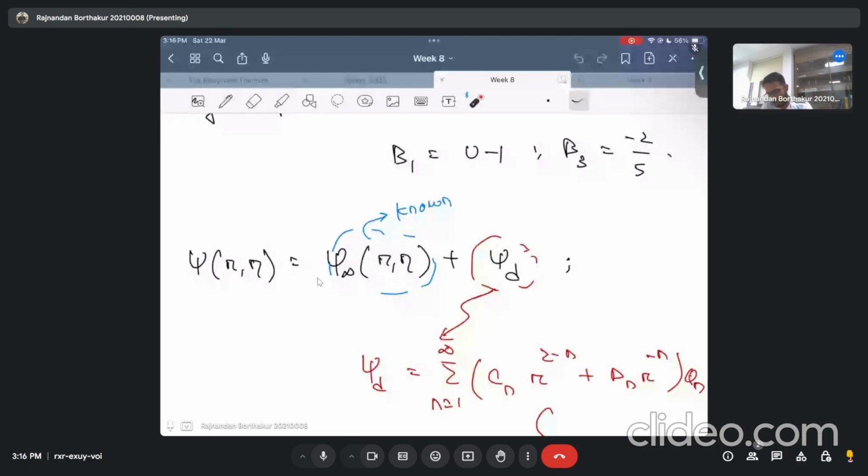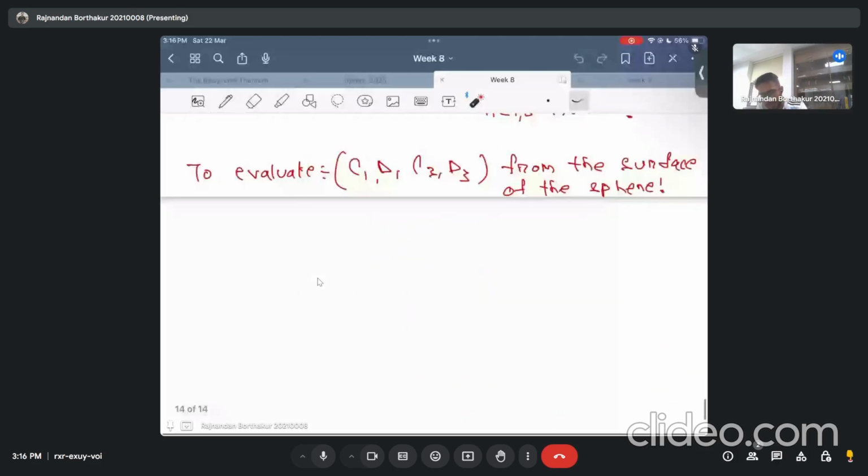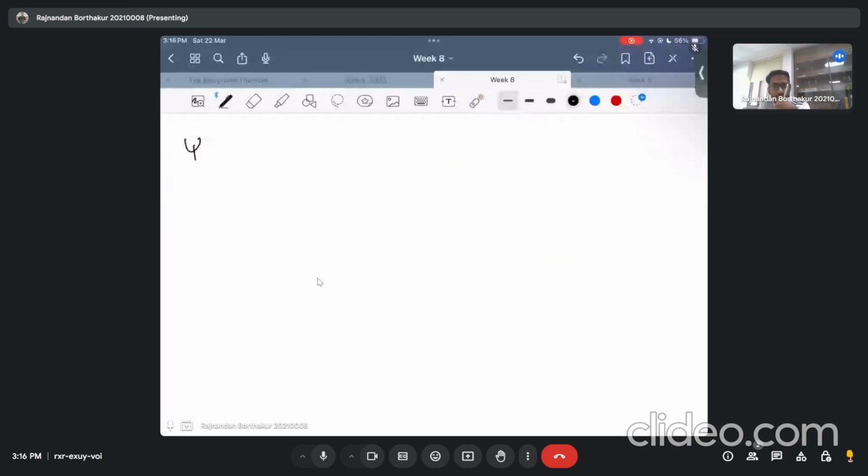What we saw is the form of the stream function, I'll rewrite it once again: psi, the main unknown we are interested in, which is a function of r and eta only, because it's an axisymmetric problem. We have written this as psi infinity, which again is a function of r and eta, plus psi disturbance.